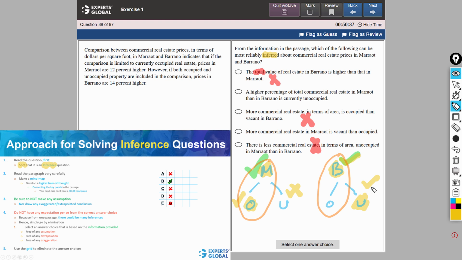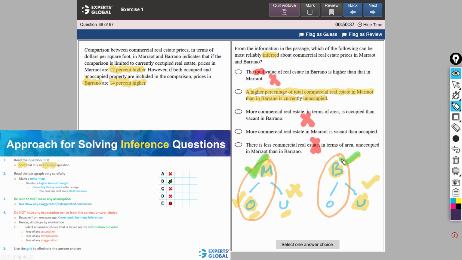And since in total B has won, and by a higher percentage, it can be said that a higher percentage of total commercial real estate in M than in B is unoccupied. Because imagine if the weight of U was lesser and the weight of O was greater, then M would have won.